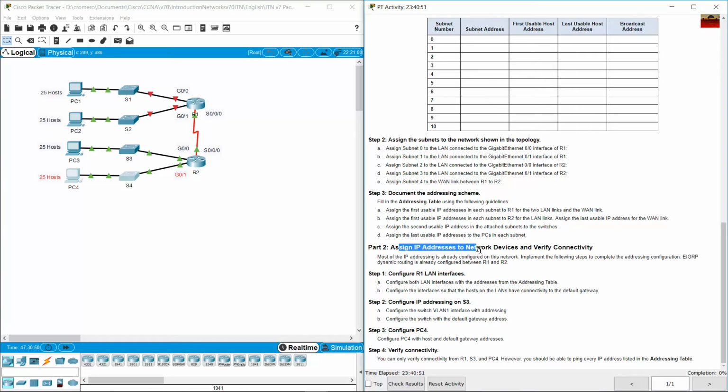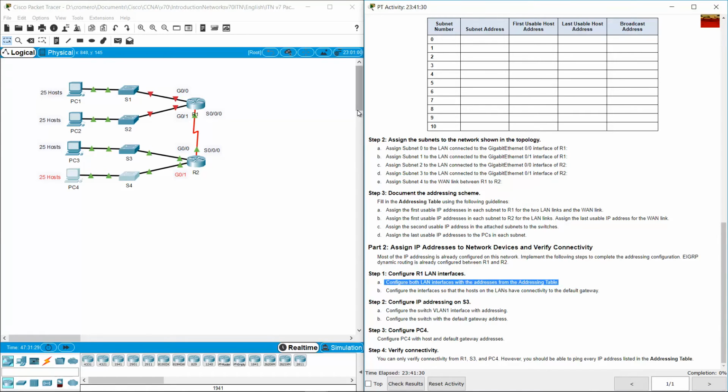Assign IP addresses to network devices and verify connectivity. Most of the IP addressing is already configured on this network. Implement the following steps to complete the addressing configuration. EIGRP dynamic routing is already configured between R1 and R2. Configure R1 LAN interfaces with the addresses from the addressing table.